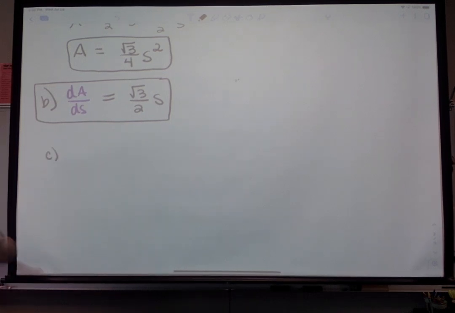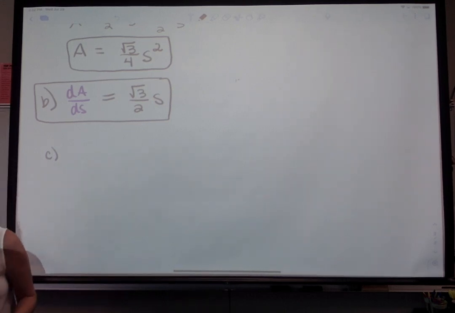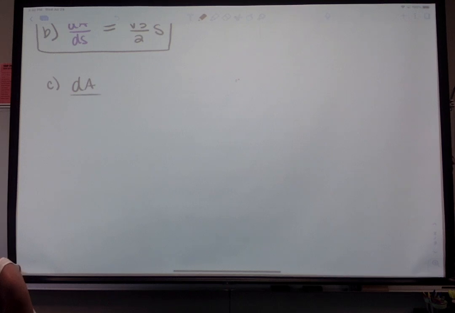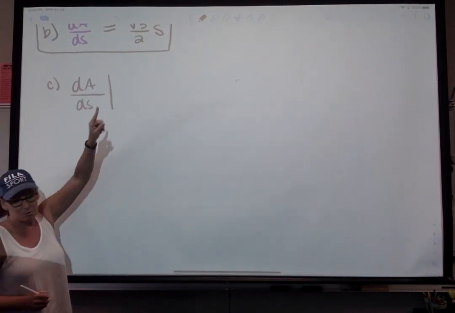Part C. Oh, substitute in 2 and 10. All right, well, got a little bit of writing to do based on the way it's written. Notice my variable is s. That's where I'm plugging in the 2.